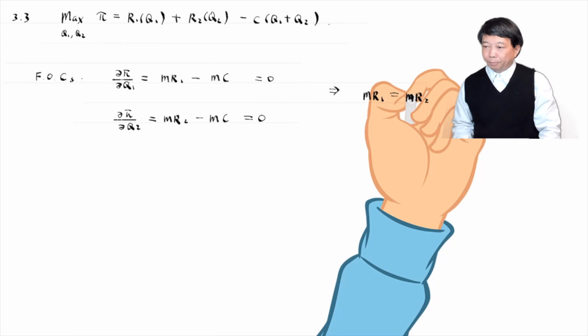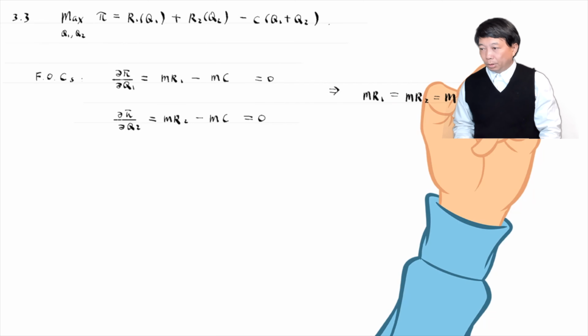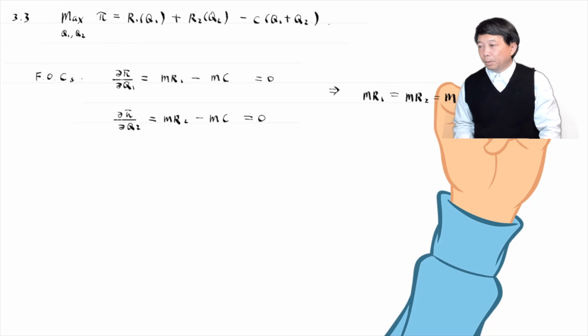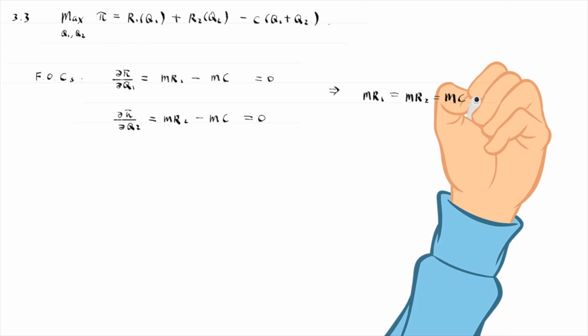Then we have the profit maximization condition for group price discrimination. Marginal revenue for each group equals each other and equals the marginal cost.